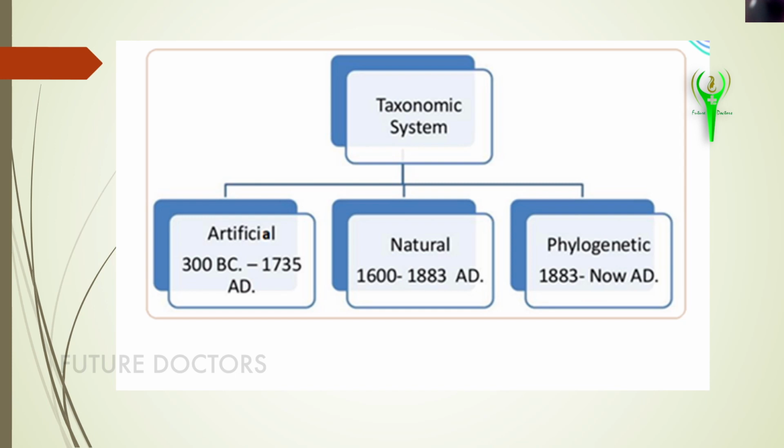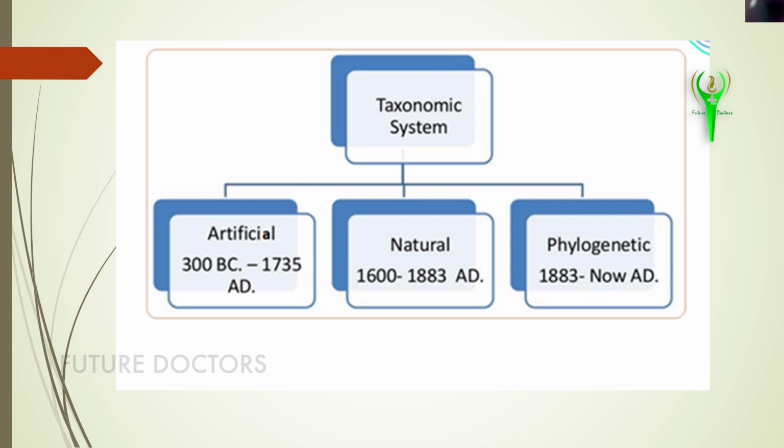It is the earliest system of classification, and used only gross superficial morphological characters such as habit, color, number and shape of leaves, etc. They were based mainly on vegetative characters or on the androecium structure, which was given by Linnaeus.